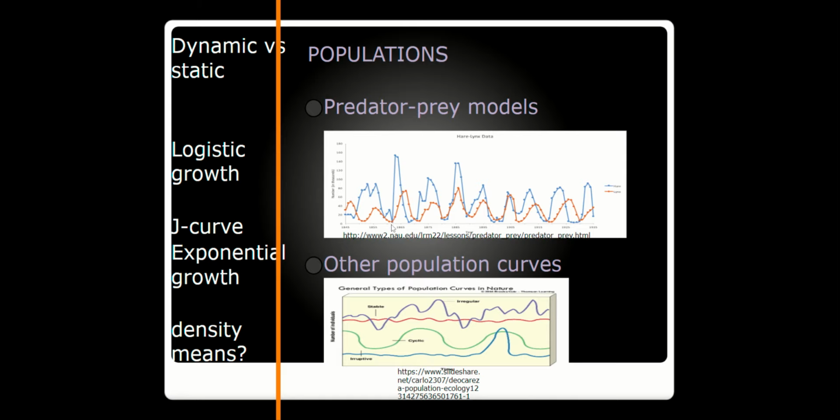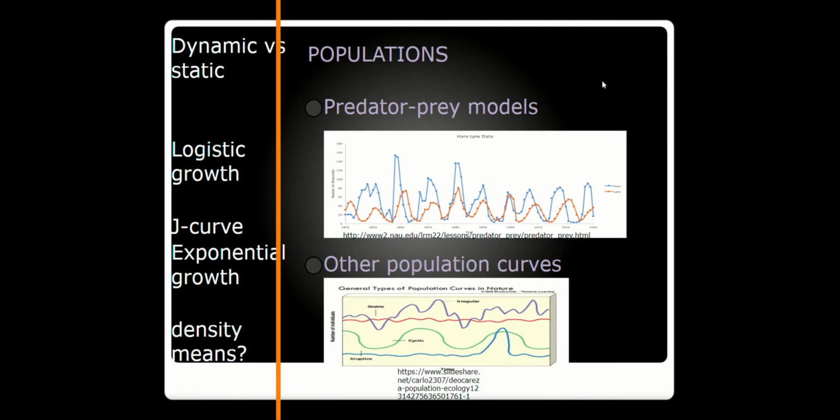They're big cats, like bobcats. And as the hare go up, behind them, the lynx go up because they have more to eat. So in this case, the number of prey influences the number of predators.